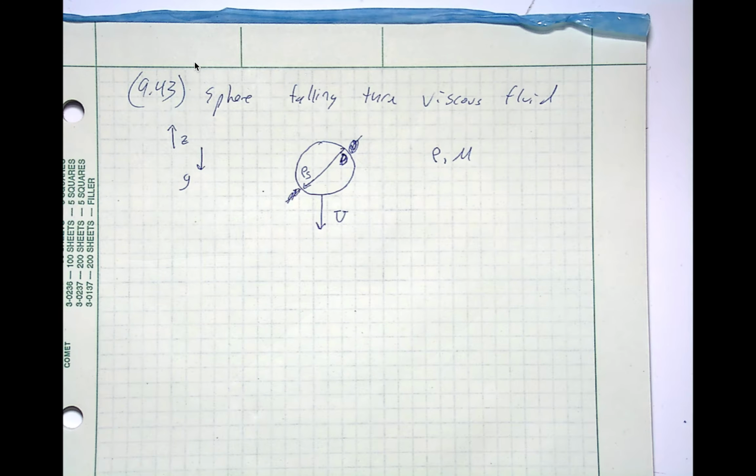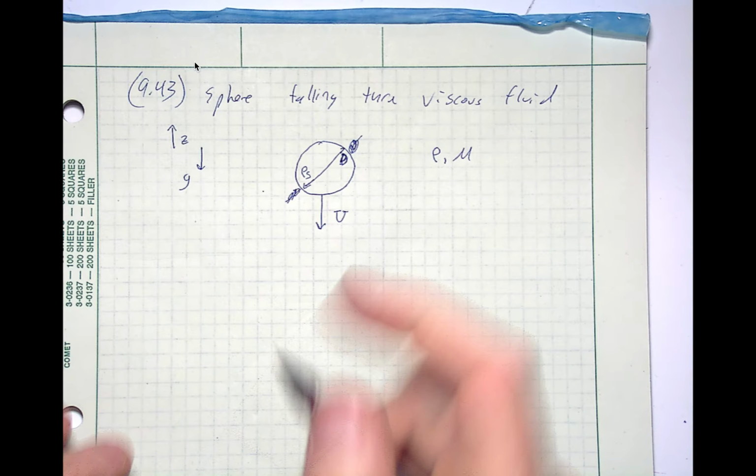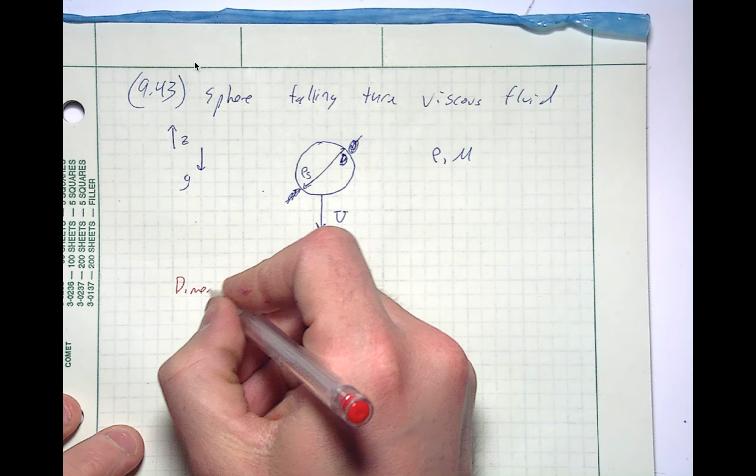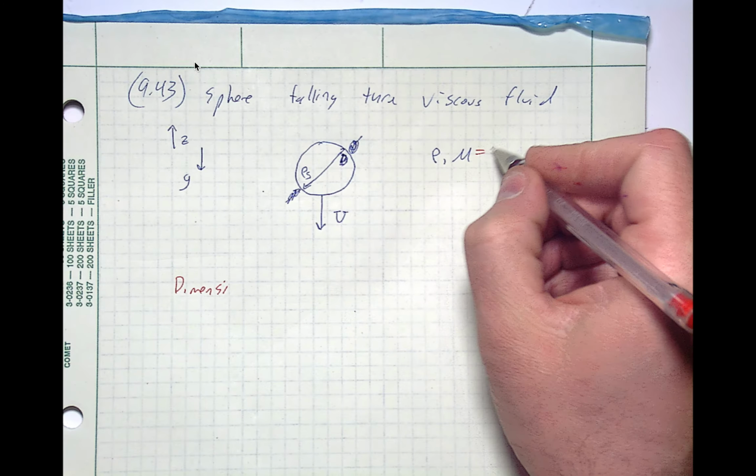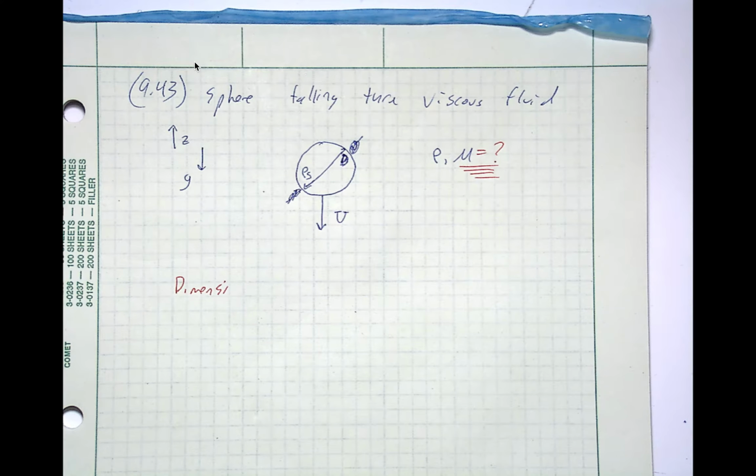In one way, we can treat this as a really quick Chapter 7 review problem as well, just from dimensional analysis. If you want to do an experiment, can we determine what the viscosity of a fluid is?